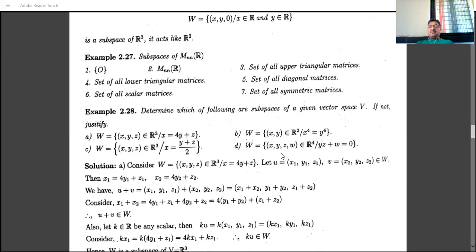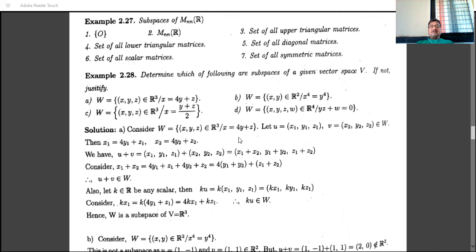This is a subset of R2. These two are subsets of R3. So we have to determine whether these are subspaces of R3, whether B is a subspace of R2, and whether W is a subspace of R raised to 4. So their answers are given.